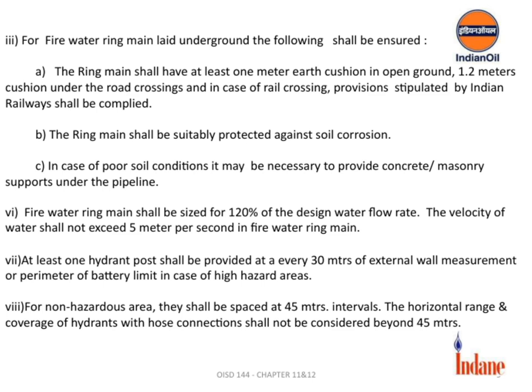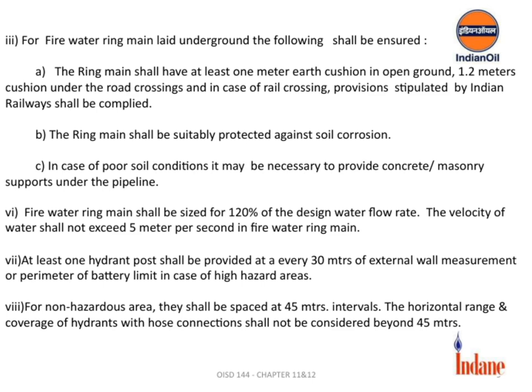First, there should be at least a 1-meter earth cushion in open ground to protect the pipeline. Under road crossings, this cushion should be at least 1.2 meters deep, and for rail crossings, we must comply with Indian Railways' stipulated requirements. Protection against soil corrosion is critical, so the pipeline must be suitably protected.